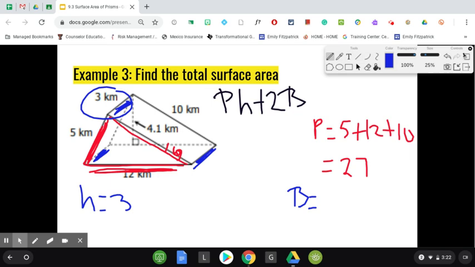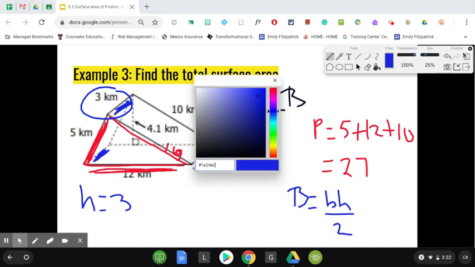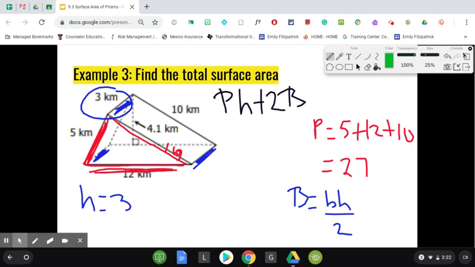Remember, the shape of the base is a triangle. So again, we have to do base times height divided by 2. So we're going to look at that triangle, and we can look at the back one if you want, because that's the one that has the height. And we're going to want the height and the base. So let me outline it for you. So we're looking at this triangle. Here's the right angle. So this is the height, and the base is the bottom one, which we know is 12 because of the front triangle.